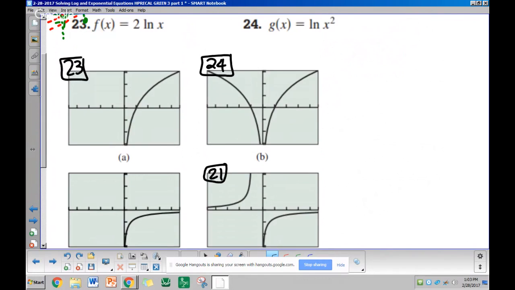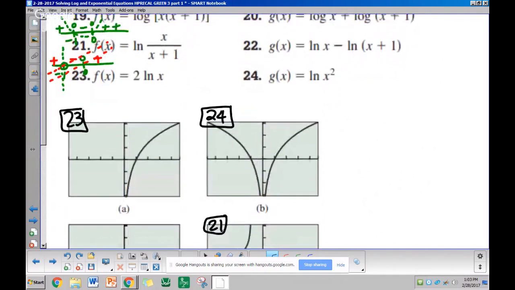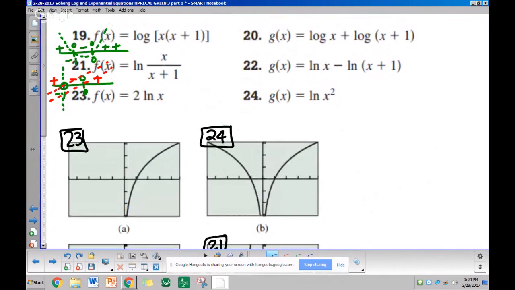Let's do 20. We did 23. The domain on this one here has to be greater than 0. And this one says I can only have numbers that are bigger than negative 1.